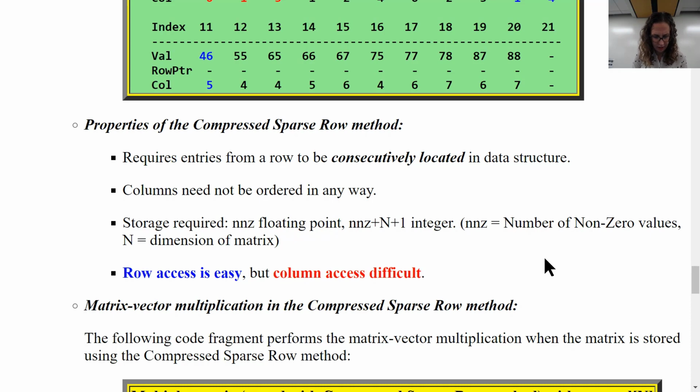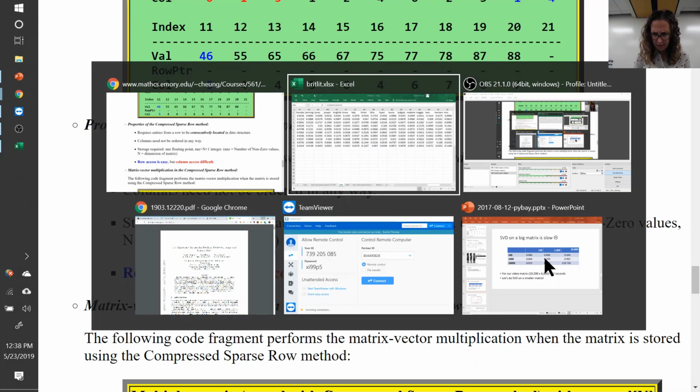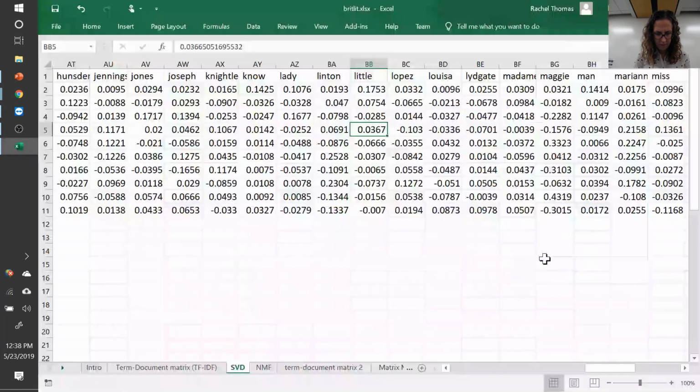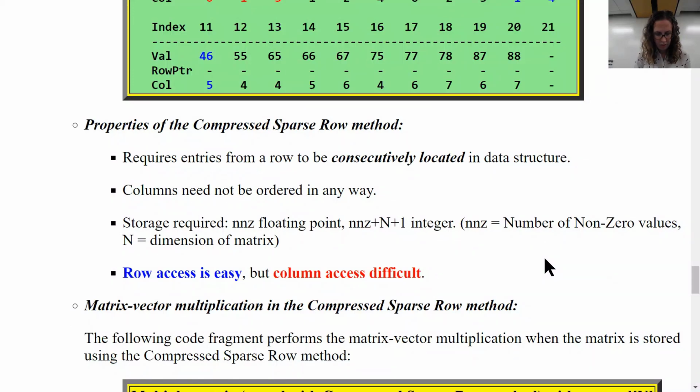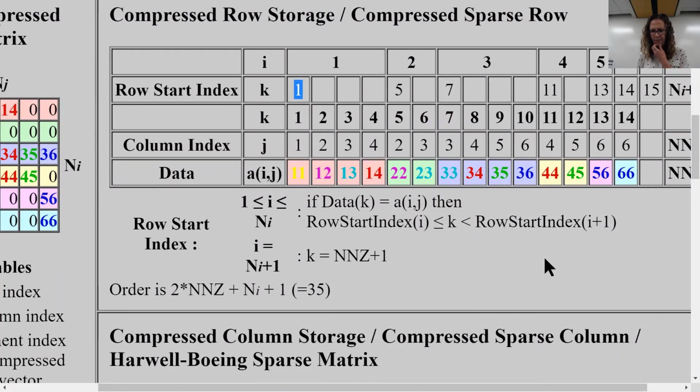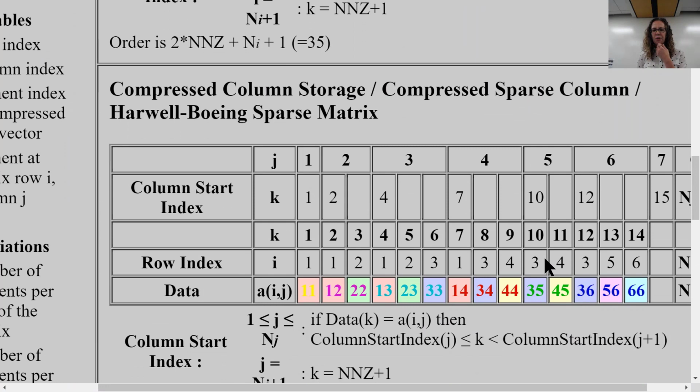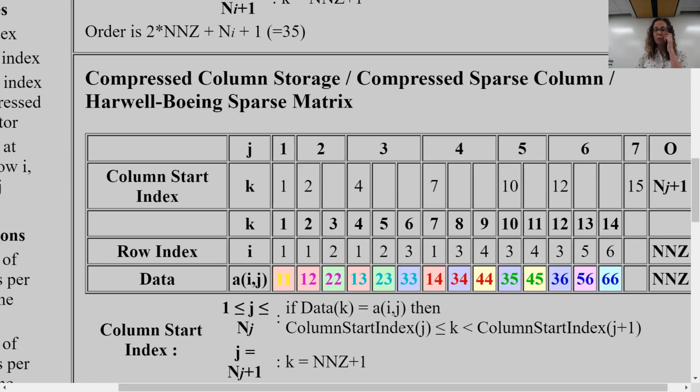And actually, I think the other site shows that. Compressed sparse column storage, where you are storing the row index for each element and then just storing when you go to a new column.